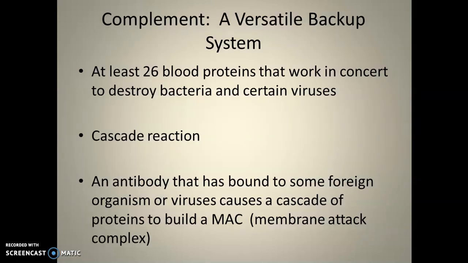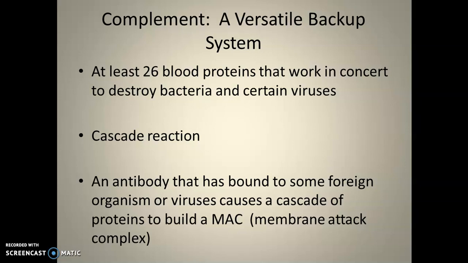All right, the last thing that I'm going to talk about then is something called the complement system, right? So the complement system is a very complicated network of proteins, like this cascade of different proteins that come together to form a membrane attack complex.